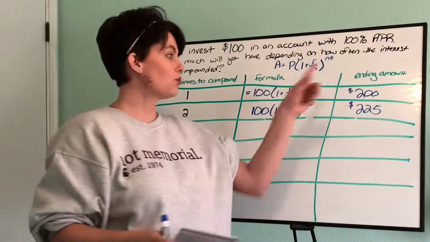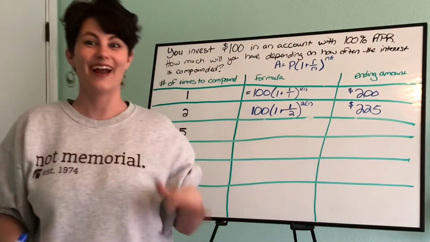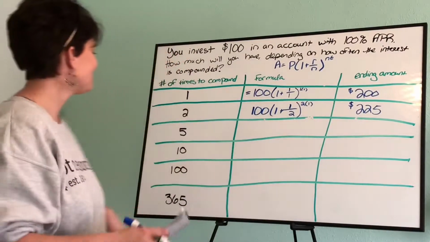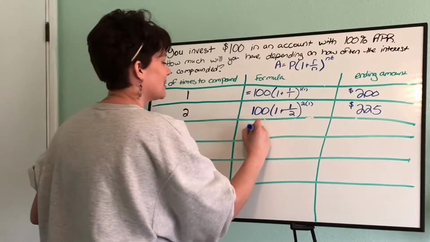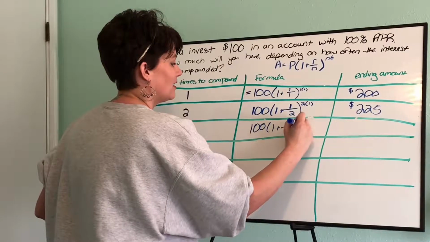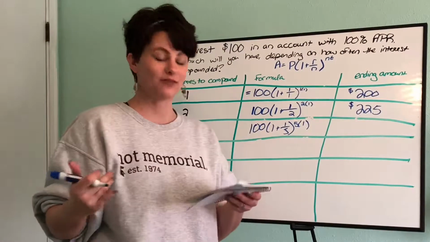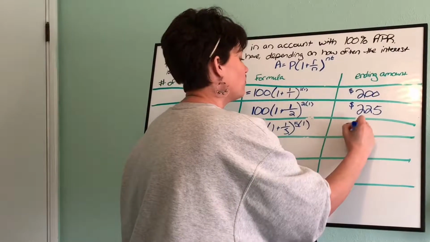So already we can see the more times you compound, the more money you get. So it's like, all right, let's just keep compounding then. What if we do it 5 times? If you compound 5 times in a year, you get $248.83.